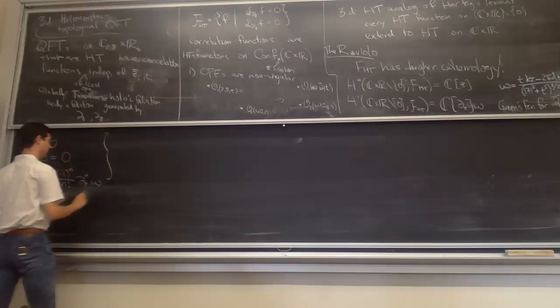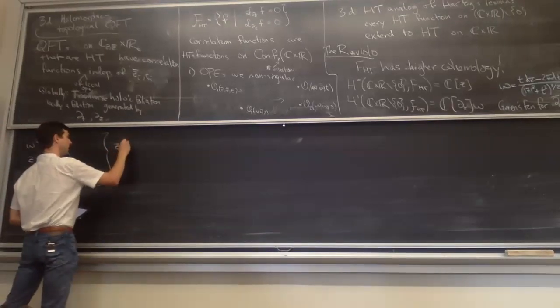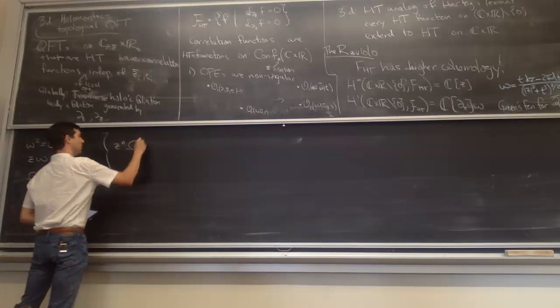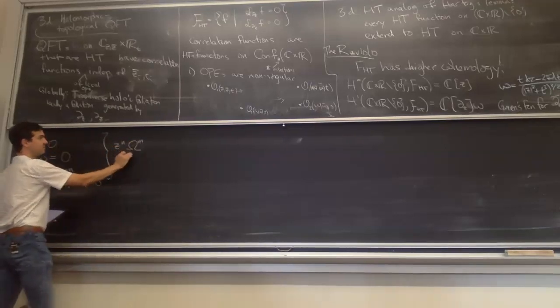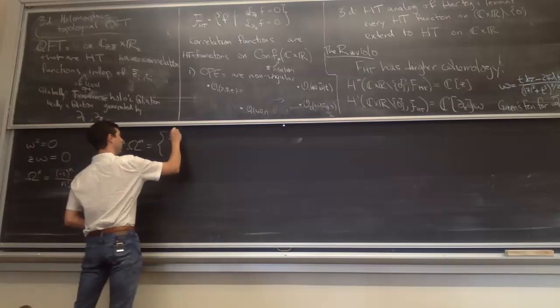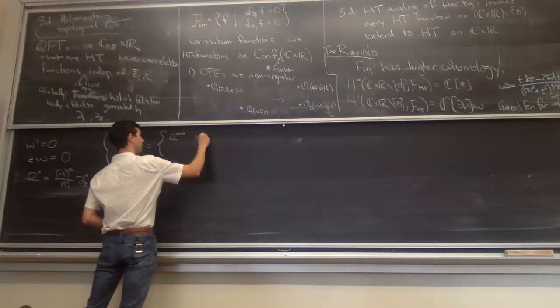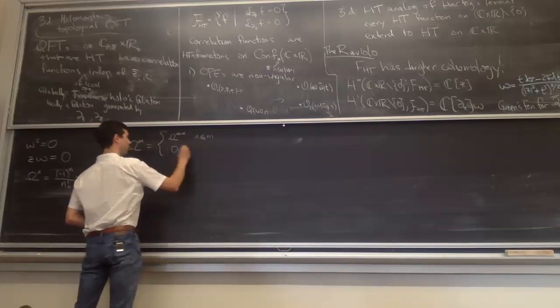The relation can be succinctly written as z to the n times omega to the m is equal to omega to the m minus n for n less than or equal to m, and 0 otherwise.